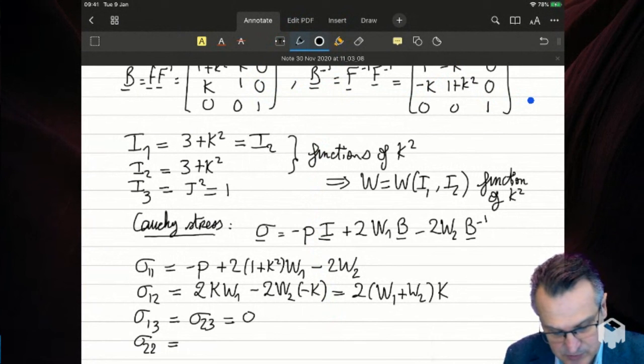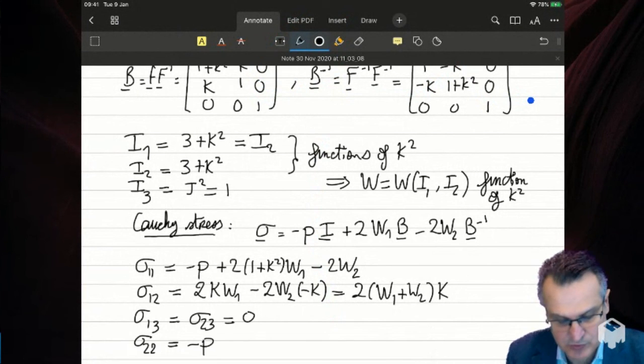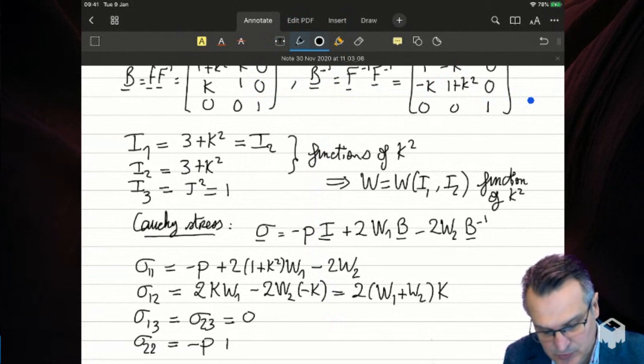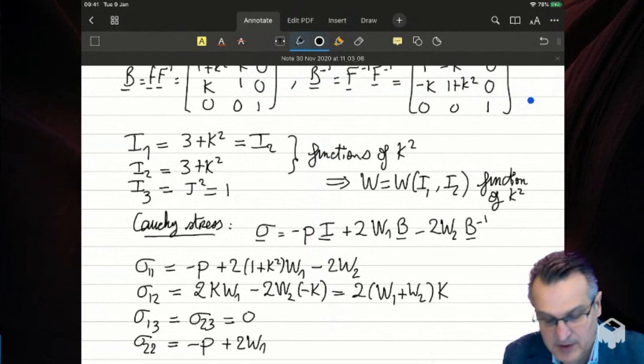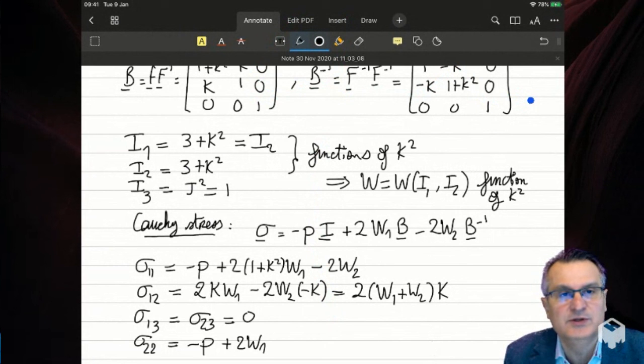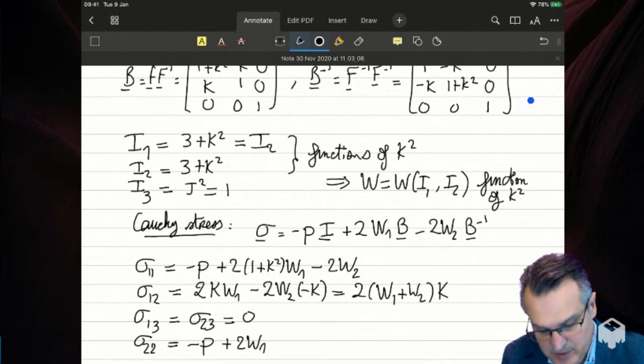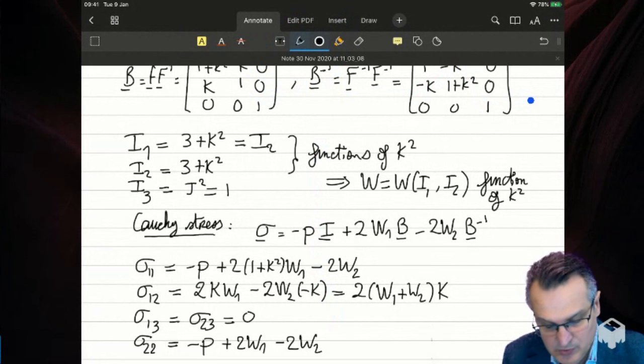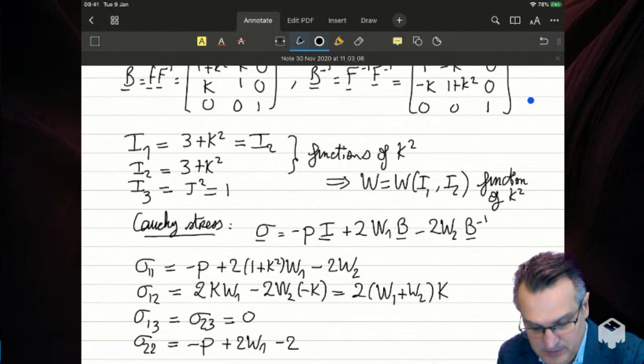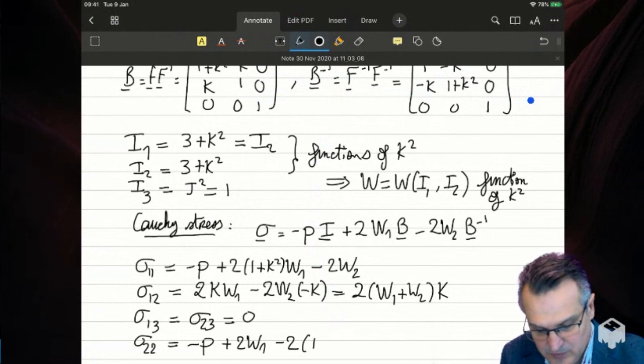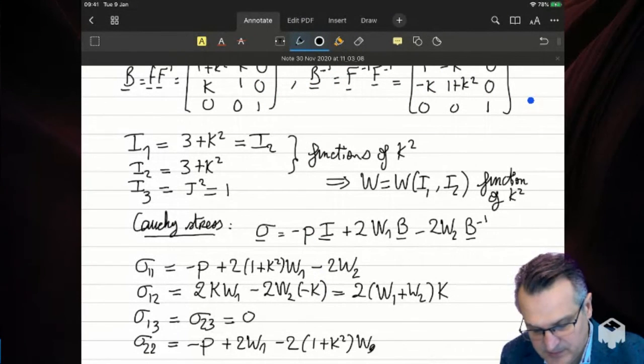Then sigma 2,2 is going to be minus P times the 2,2 component of the identity, which is 1, plus 2W1 times the 2,2 component of B, which is 1, minus 2W2, I'm going to write the other way, times the 2,2 component of B minus 1, which is 1 plus k squared.